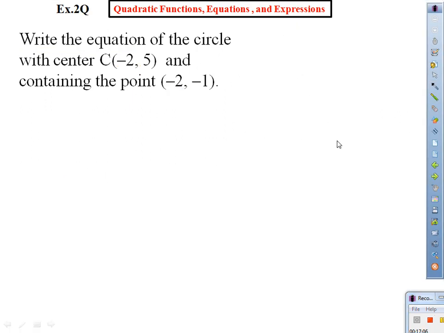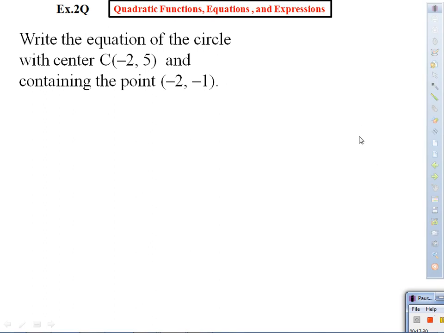You don't need to copy the instructions anymore. You have them. Center, -2, 5, and containing the point, -2, -1. Once again, try and do the whole process without looking at your notes. When you get stuck, go look at the notes. Copy that and go.